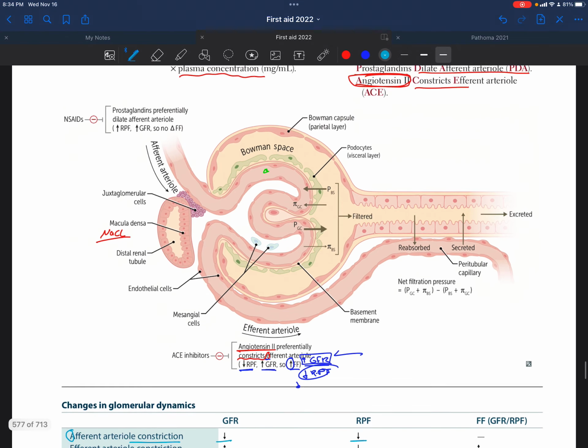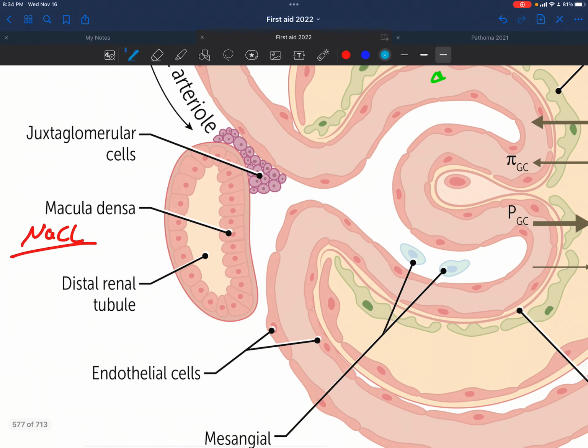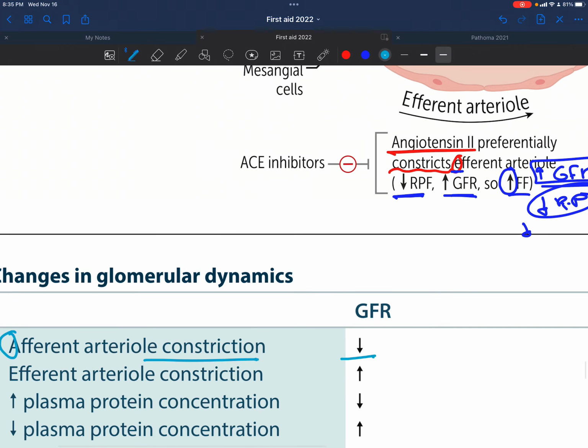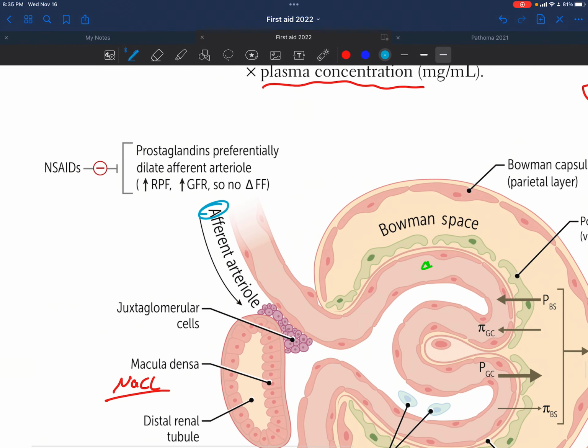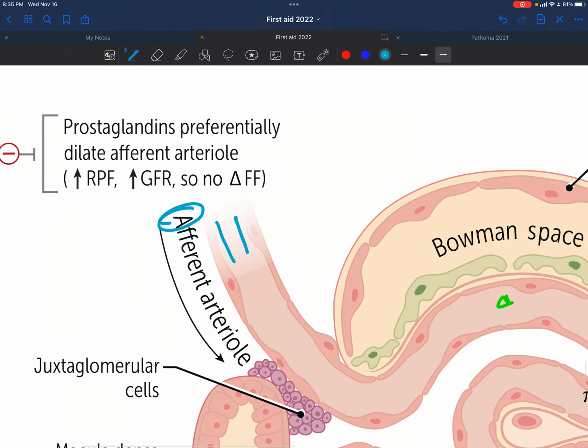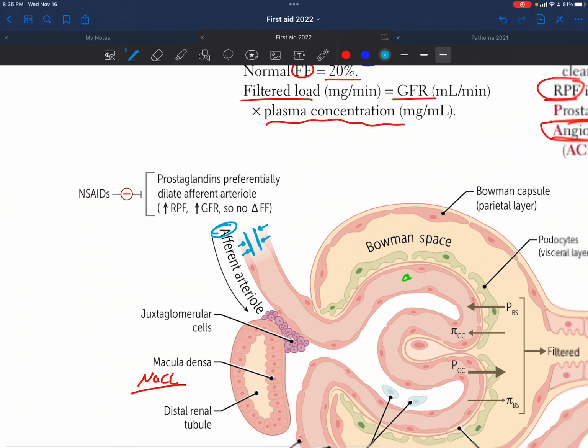So this afferent arteriole, let's suppose it is being constricted. So now it's decreasing in size, it has a smaller radius, which means blood, this is blood in red color, has a harder time going into it.